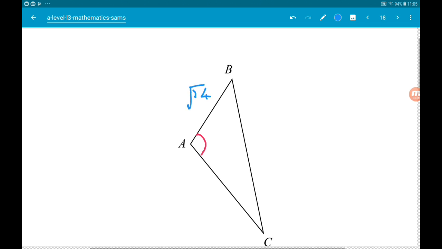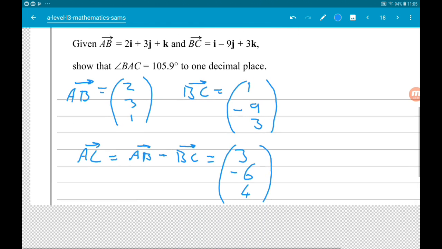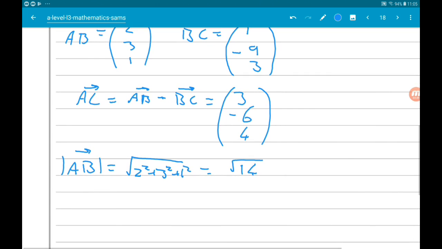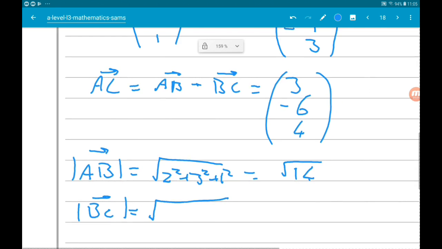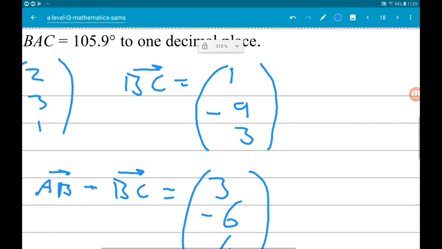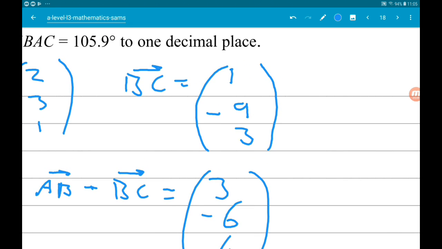Do the same for BC. So that's going to be the square root of 1 squared add 9 squared add 3 squared.